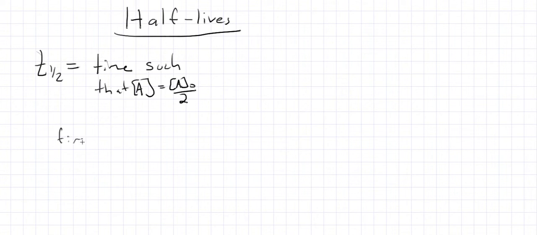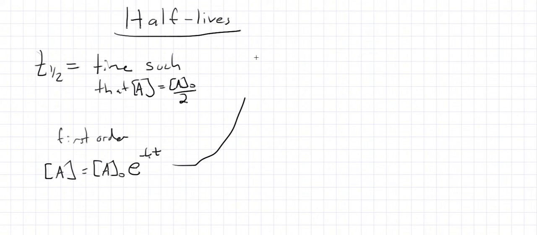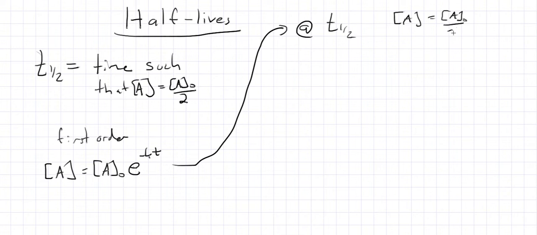So for first order, we remember that the concentration is equal to the original concentration times the exponential of minus kt. So if we were to do it at 1 half-life, we could say at T1/2, we know that the concentration is equal to half of the original concentration just by definition.